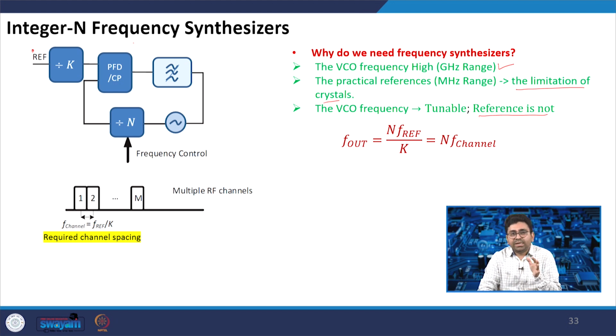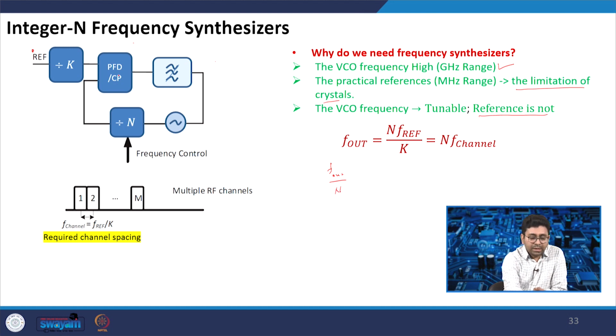The solution is, because the reference frequency is small and the output frequency is high, why can't we divide the output by a number n? So, here we can divide f out by n.